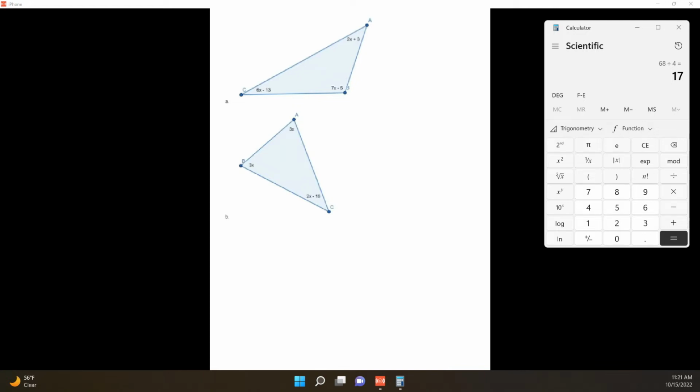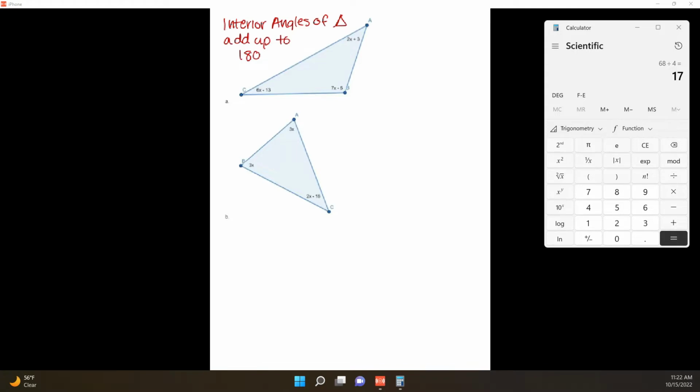Alrighty, so for this portion of the test, we're looking at angle relationships, specifically in triangles. The important thing to remember here about these first two problems is interior angles of triangles add up to 180 degrees.